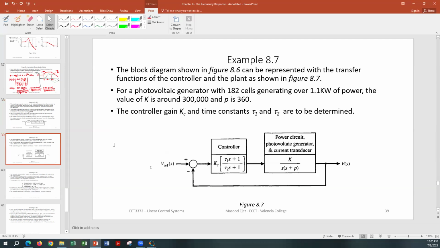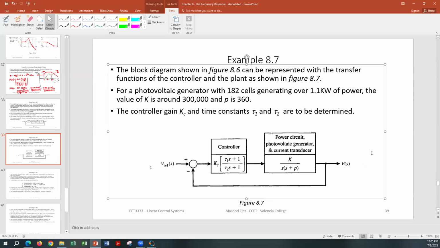The block diagram shown in figure 8.6, on the previous page, can be represented with the transfer function of the controller and plant, as you can see in figure 8.7. This is an example of a photovoltaic generator with 182 cells generating over 1.1 kilowatt of power.